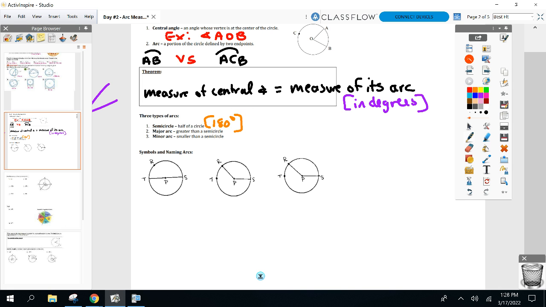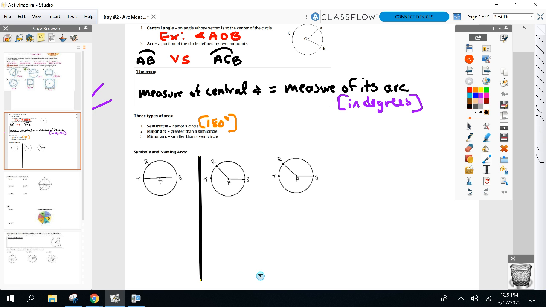Anything bigger than 180, we call a major arc. Anything smaller than 180, we call a minor arc. So 3 arcs to pay attention to there. You got your semicircle, which is half, and then anything greater than that is a major, anything smaller is a minor.